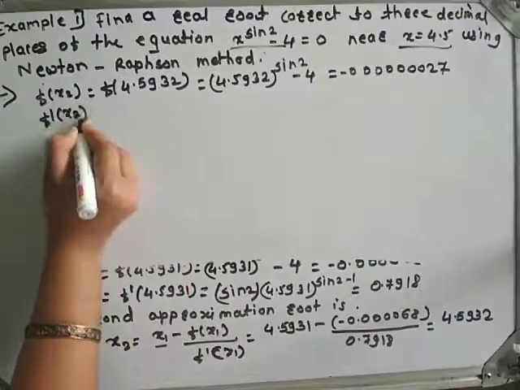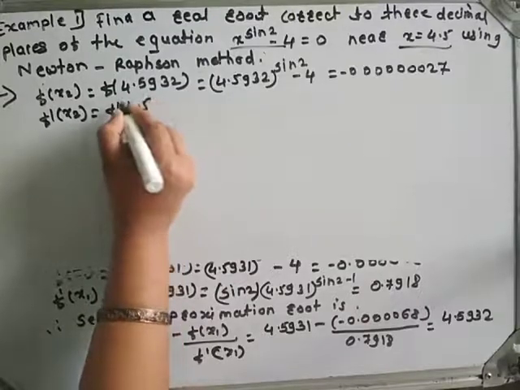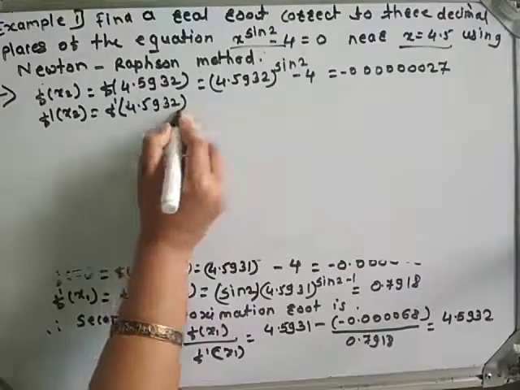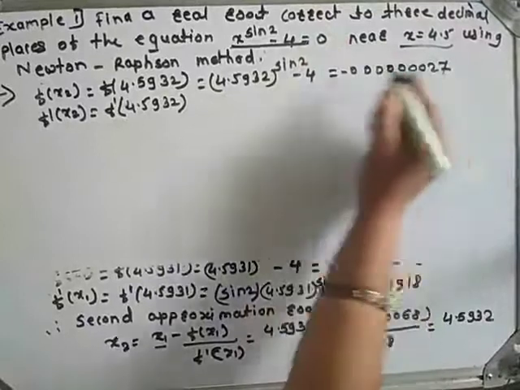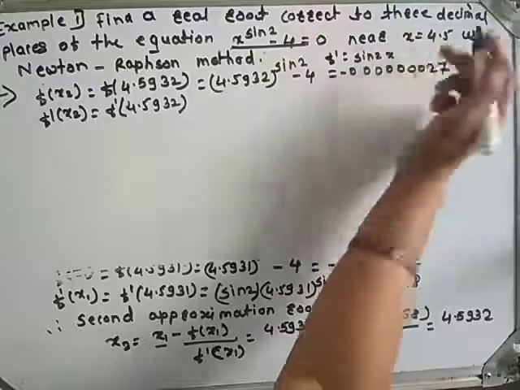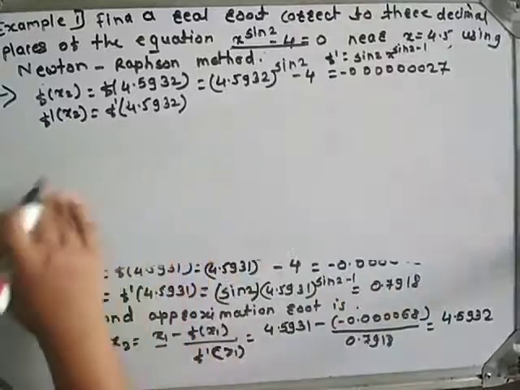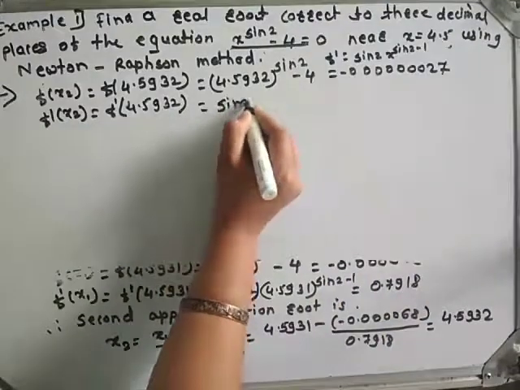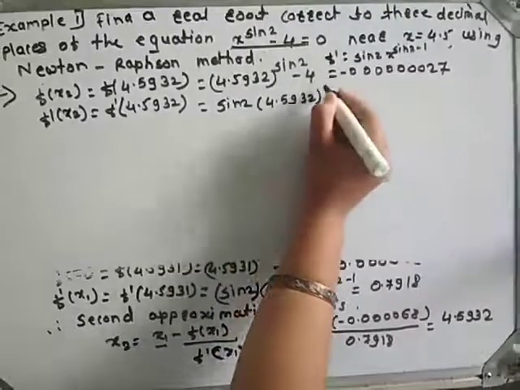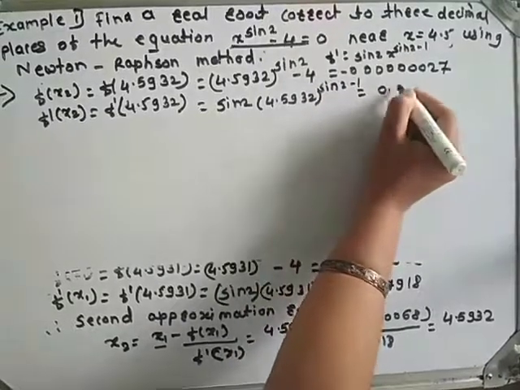Now f'(x2), that is f'(4.5932). Our f is this, therefore f'(x) = sin2 · x^(sin2 - 1), which is equal to sin2 · 4.5932^(sin2 - 1), which is equal to 0.7919.